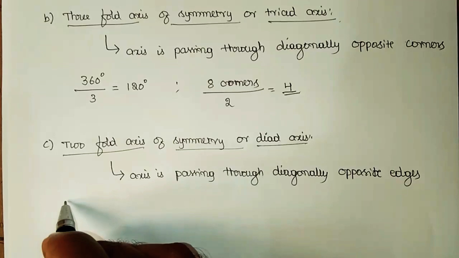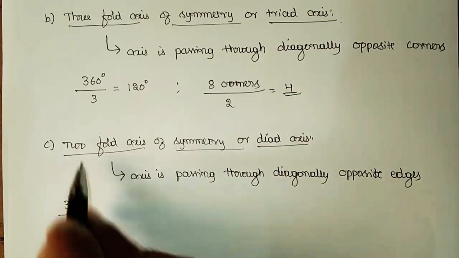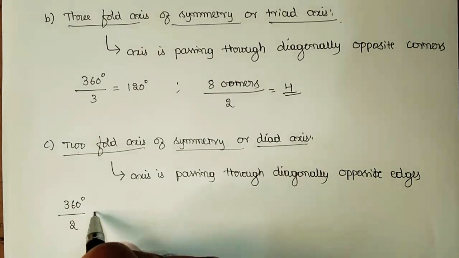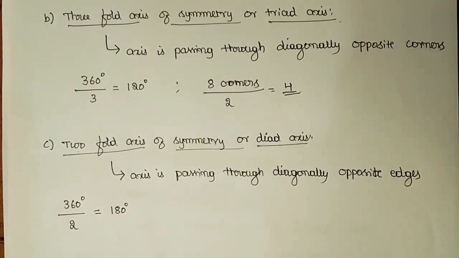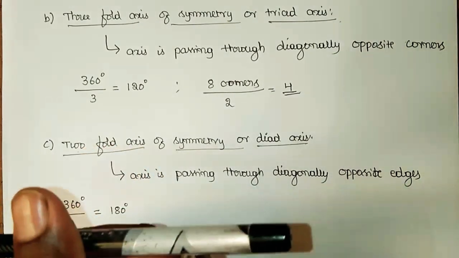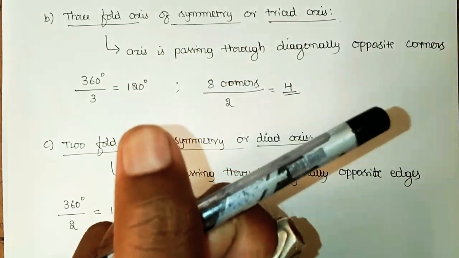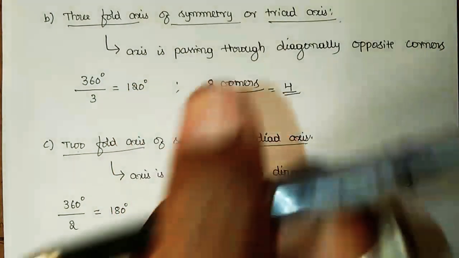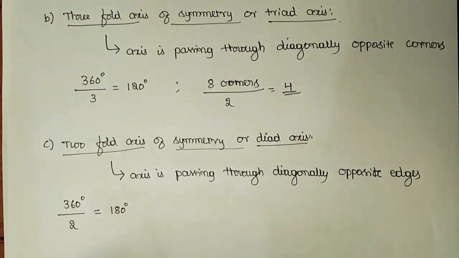Here the complete revolution is 360 degrees, so we give two rotations in order to get the same appearance. Each time we have to rotate by 180 degrees. So after the first rotation the appearance will be similar to the original, and after the second rotation it completes the 360 degree revolution and the appearance of the crystal will be the same as its original.